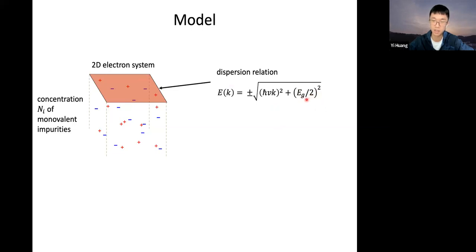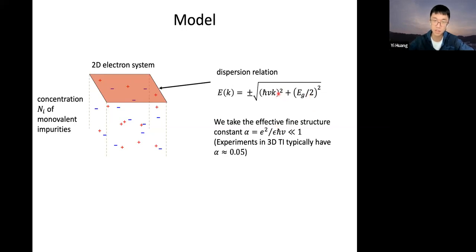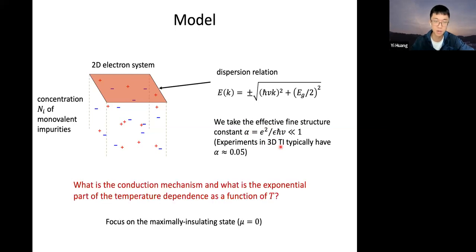So it's a square root of some linear dispersion plus the band gap squared. Because this expression contains some velocity, we can define an effective fine structure constant. This parameter is much smaller than 1 in our model, because experimentally, for example in 3D TI, this number is typically very small. So this is our model.